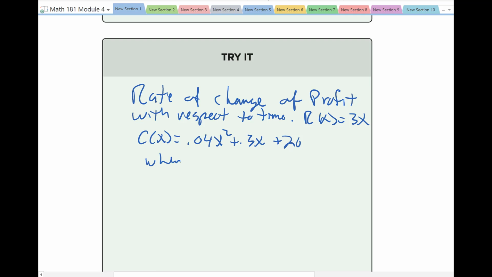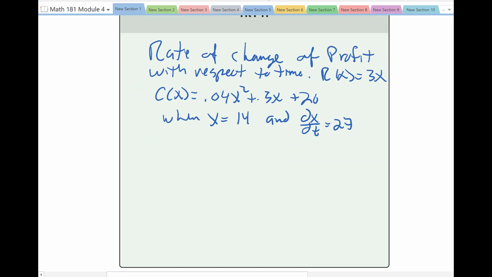When x equals 14 and dx dt equals 27. So as you might have guessed, profit, P of x, is going to be R of x minus C of x. So the revenue minus the costs.